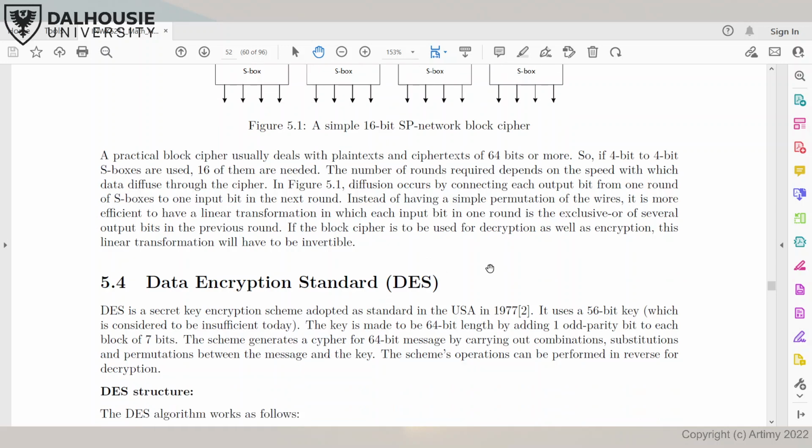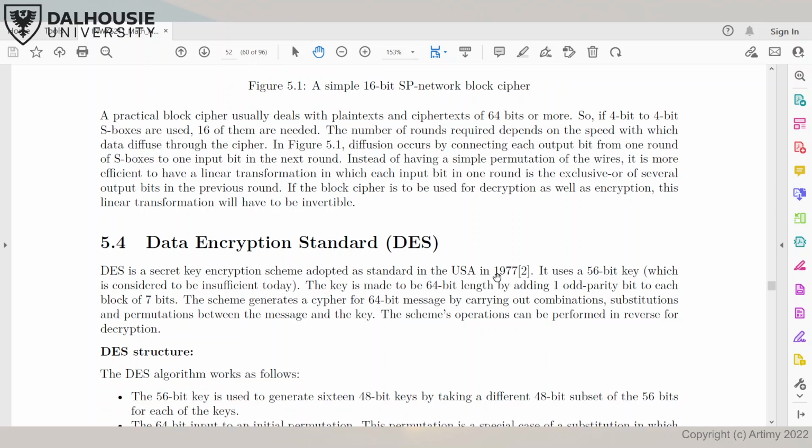Now, in this course, we're not going to dig deep into the math of cryptography, but cryptography is well entrenched in math. It needs a lot of math background. In this course, our goal is to understand the cryptography techniques that we are going to use in communication in next courses.